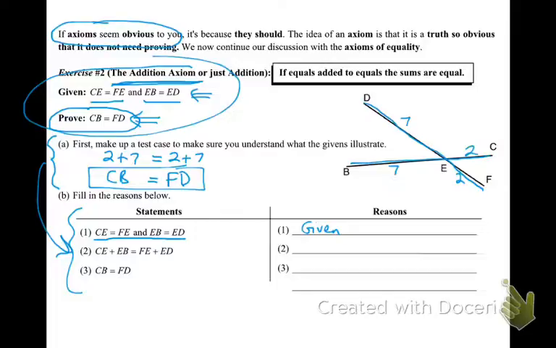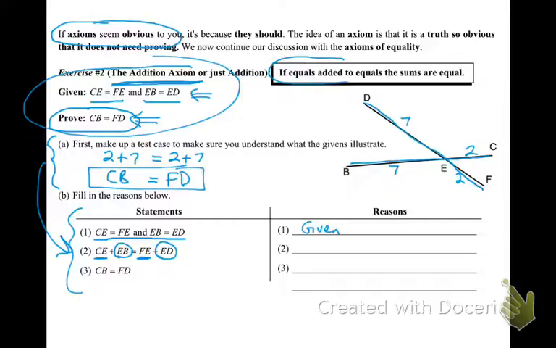The next line, we have CE plus EB is equal to FE plus ED. Now you have to start thinking about where this line comes from. If we look at it carefully, CE is equal to FE. That's one of our givens. EB is equal to ED. Aha, this is where we use the addition axiom.